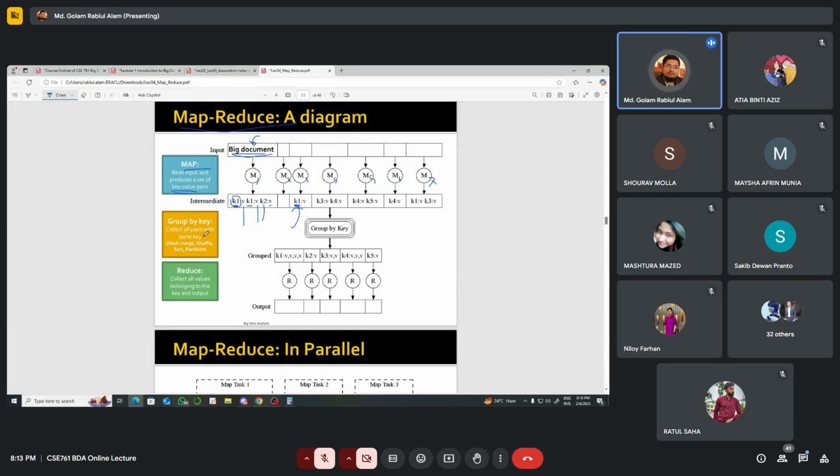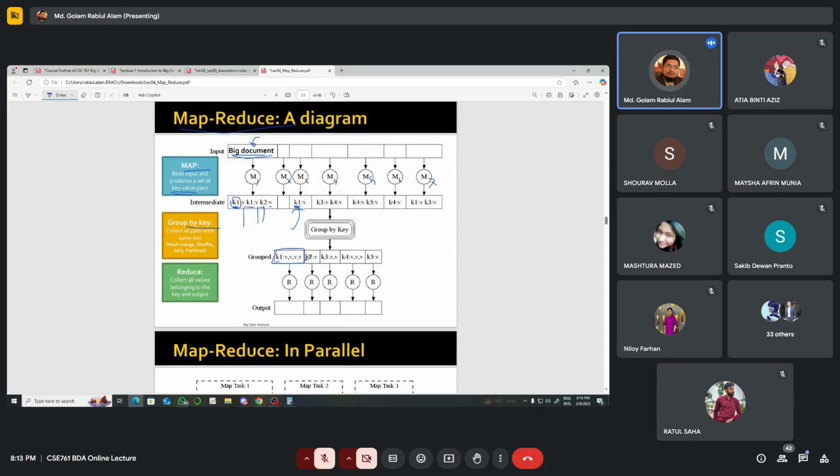Now we have to apply the group by. In the group by case, this one is K1, this one is K1, and here is also K1. So K1 has the V, here is the V, and here is the V. So this is grouping by those keys. After that we will apply the reduce operation.